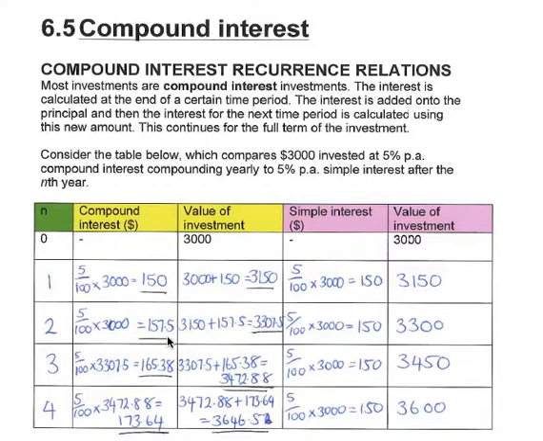So after the end of the second year, your value goes up to 3,307.5 as opposed to 3,300. You can see that gradually gets bigger. You're using the value of the investment from the year before, multiplying it by 5% to add that interest, whereas with simple interest we were adding 150 each year. It didn't change.